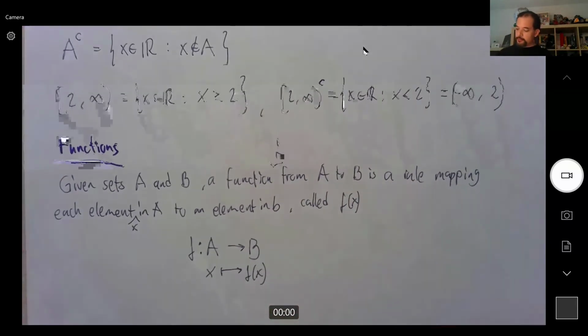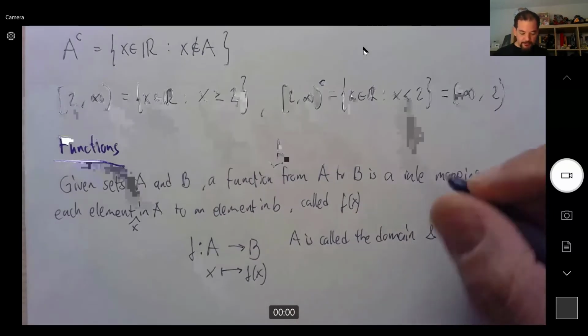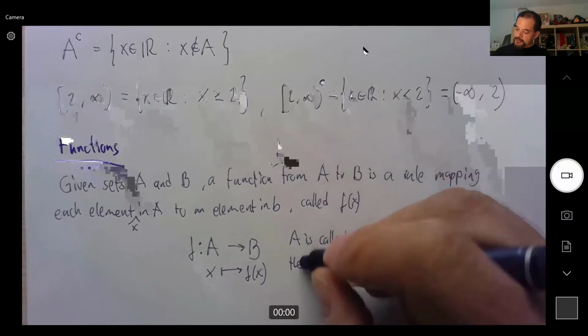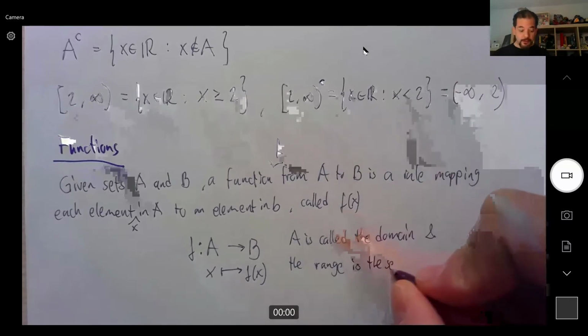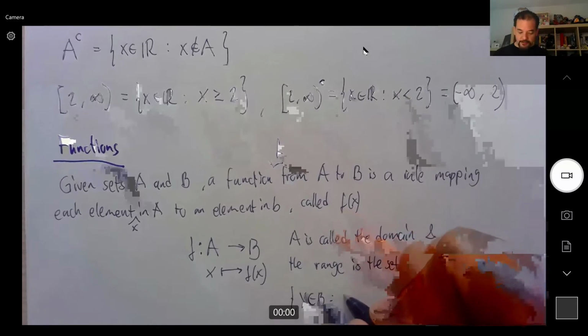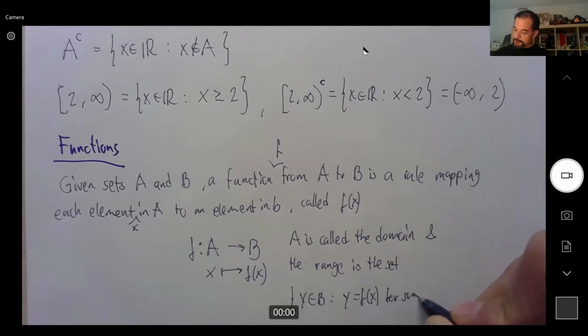A is called the domain, and the range is the set of y's in B such that y equals F of x for some x in A.